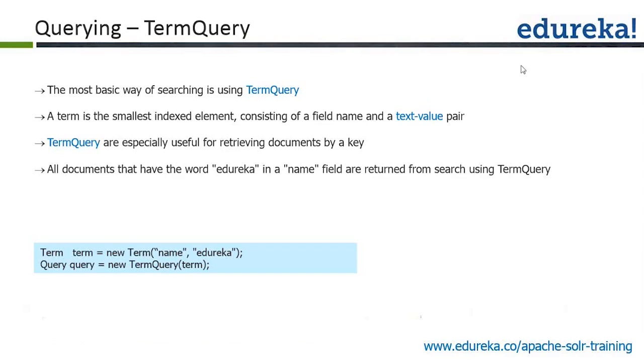You have to specify what kind of query type you expect. The term query, which is the most basic and default way of searching in Lucene, will return only exact matching documents for the terms you have provided. There won't be any partial matches, phrases, or wildcards in the default term query search.